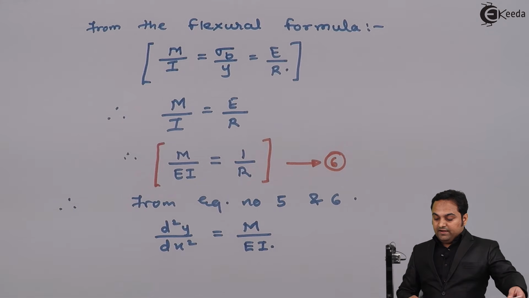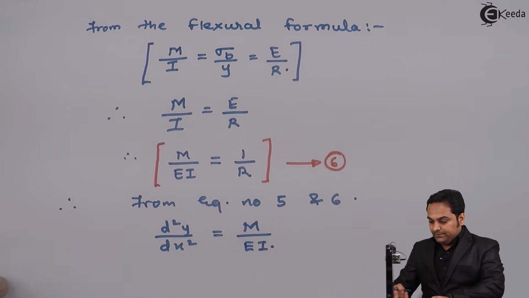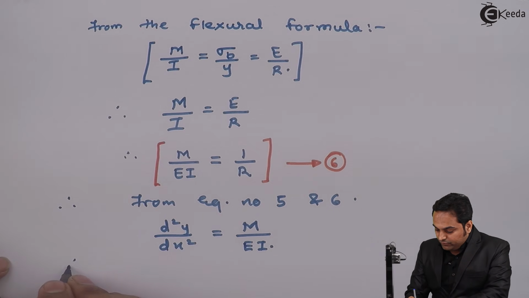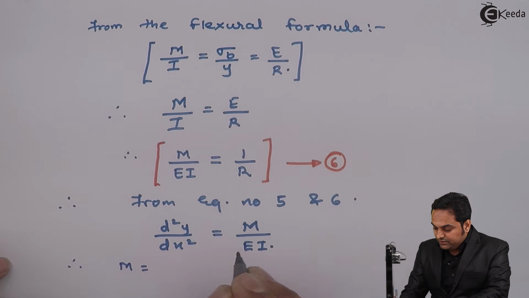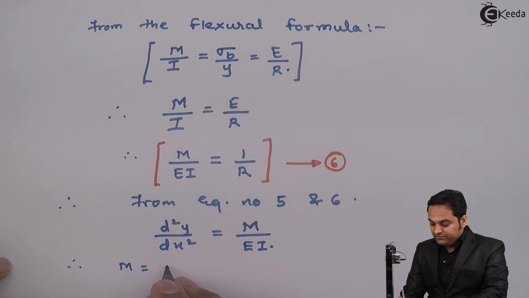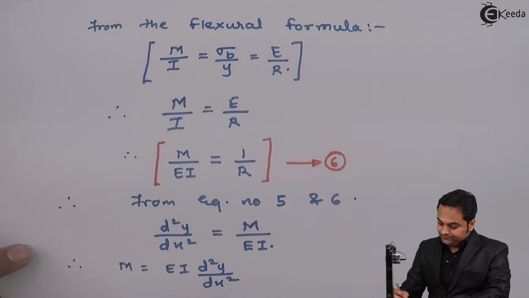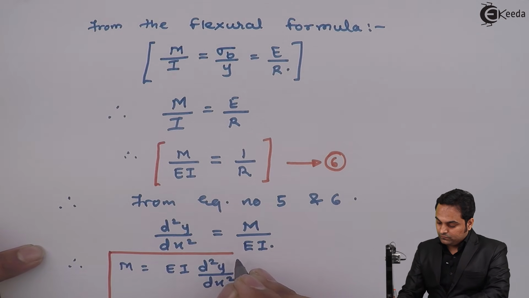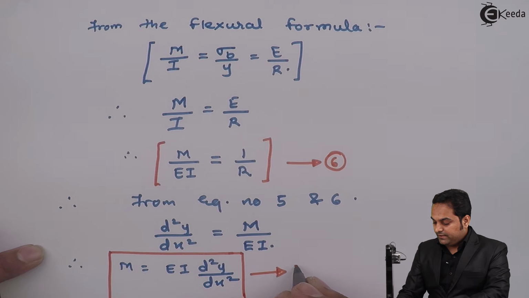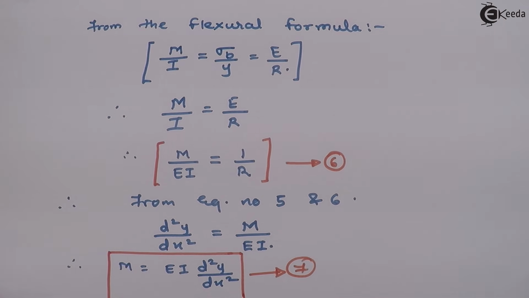Next I will keep m on one side, so m is equal to EI shifted to the other side, times d square y by dx square, and this will be my equation number 7.